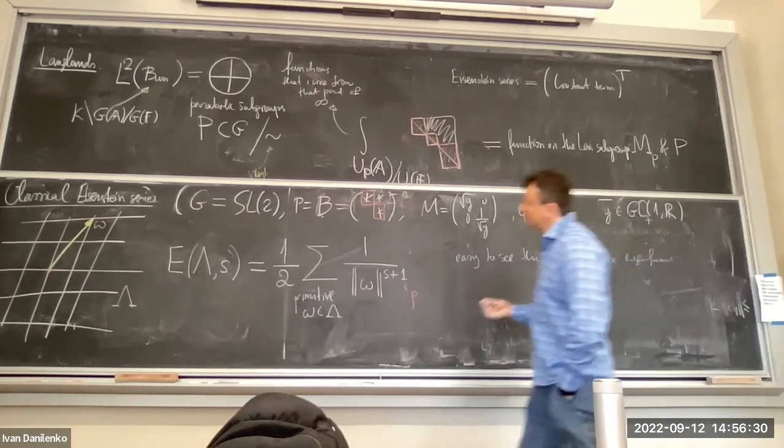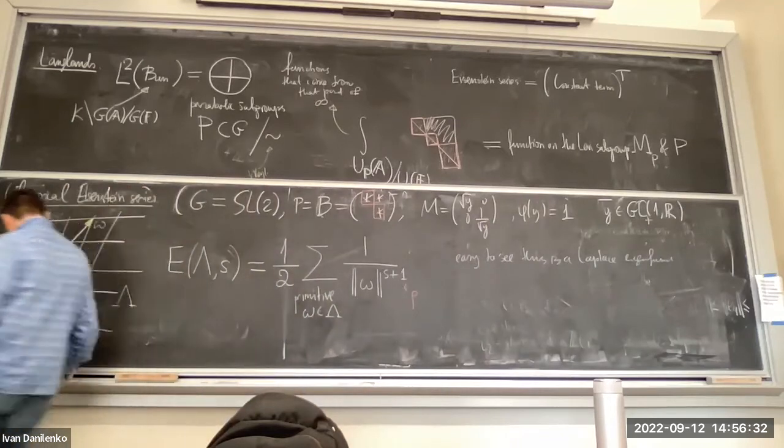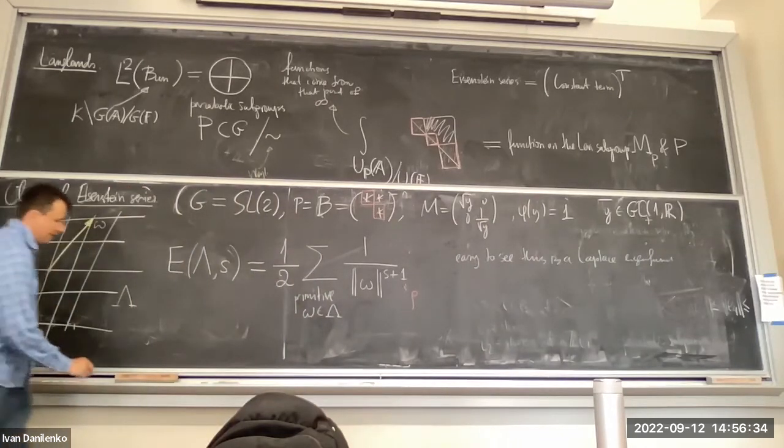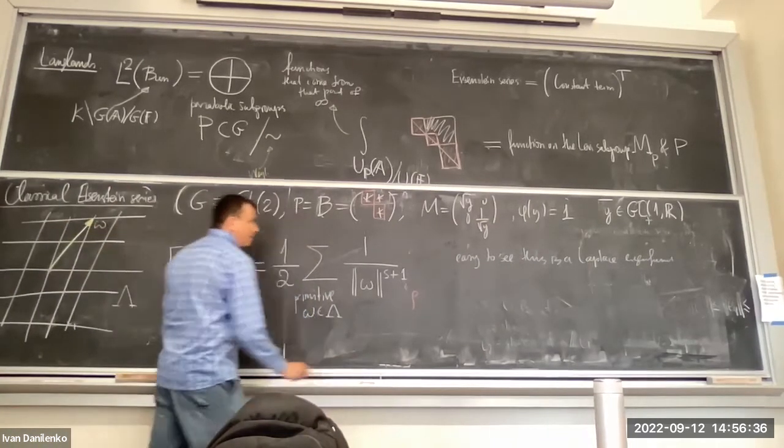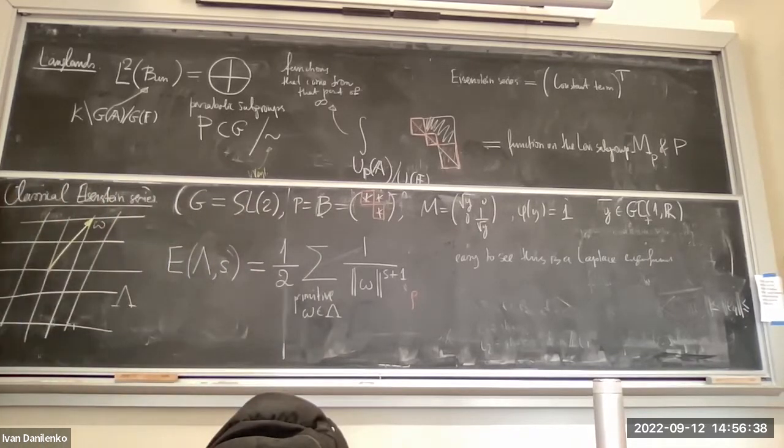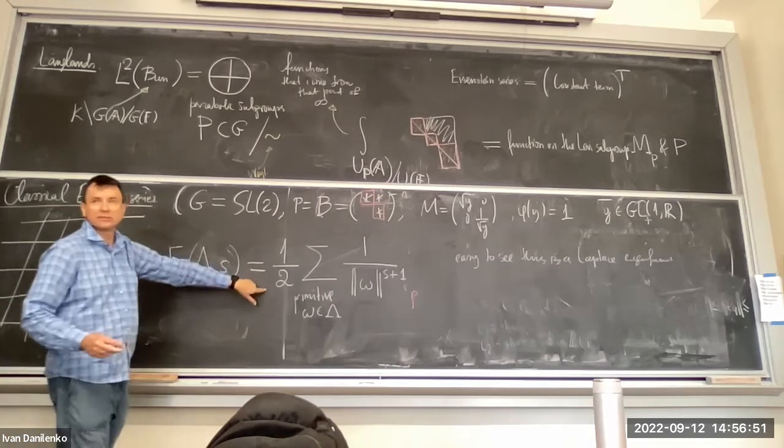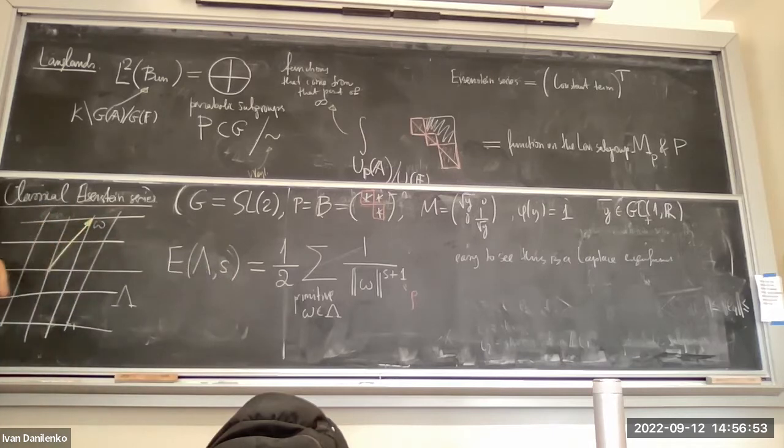You should think of this as follows. What are the primitive vectors in the lattice, up to plus or minus?